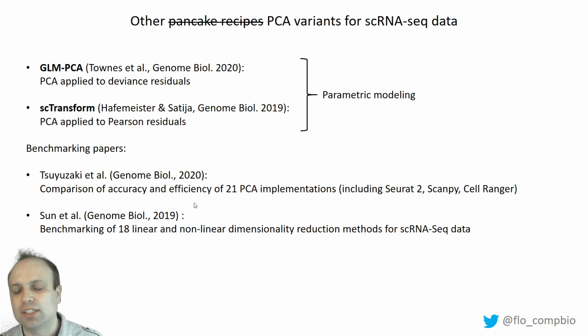Especially, like I said, you want an efficient implementation of PCA. And then there's this other paper which compares 18 different dimensionality reduction methods for single-cell RNA-seq data, both linear and nonlinear. This is a little bit broader, but I think it also includes GLM-PCA, and it tries to get at how effective these different methods are.